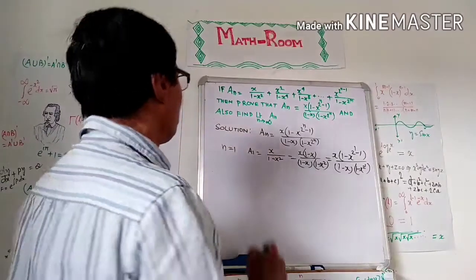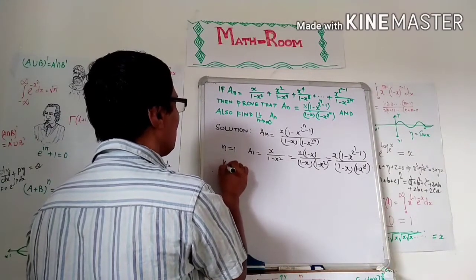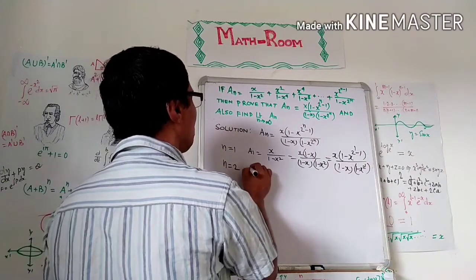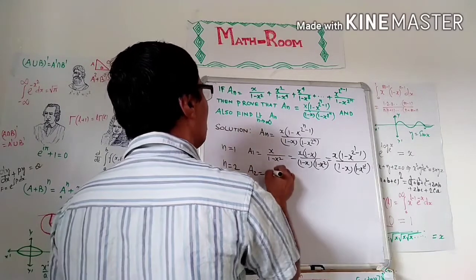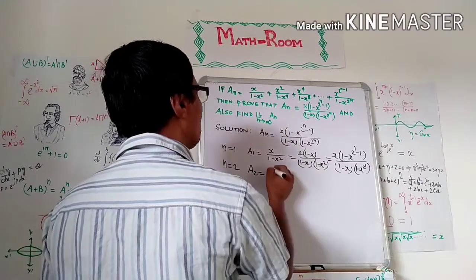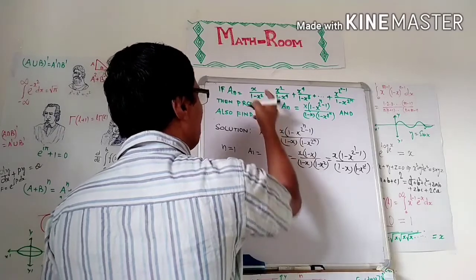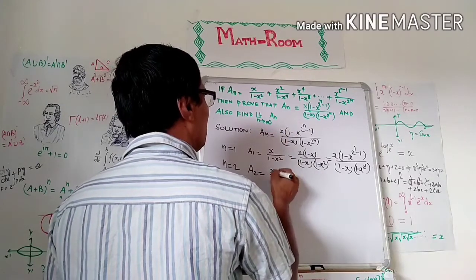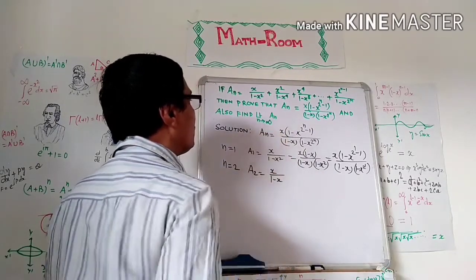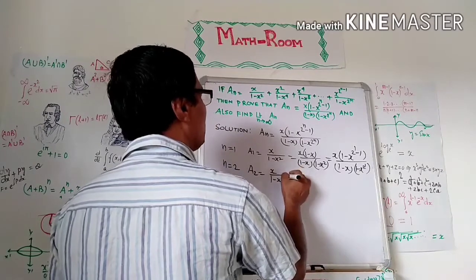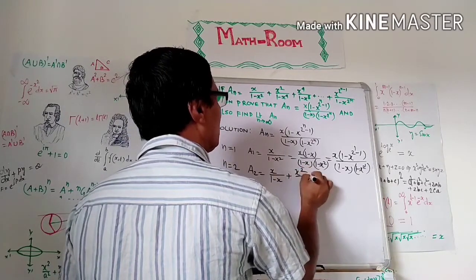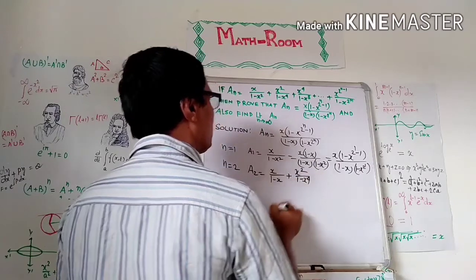Next we take n equal to 2. For n equal to 2, we can write a2 equals x squared over 1 minus x to the power 4.